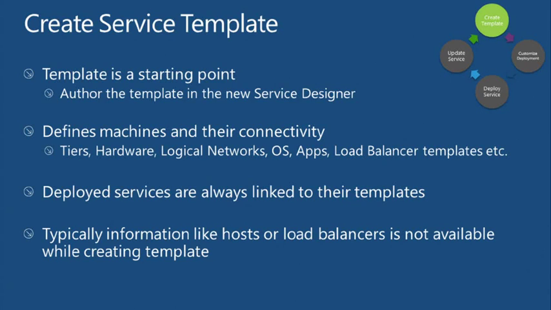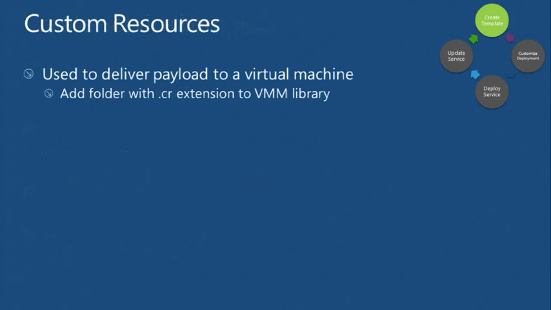And at deployment time, our intelligent placement algorithm will figure out, based on if you're deploying to a particular host group or deploying to a private cloud, if that cloud or host group has access to all the required resources, access to the right type of load balancer, access to the right type of hosts. And if not, we're going to give you some sensible error messages as to what's wrong.